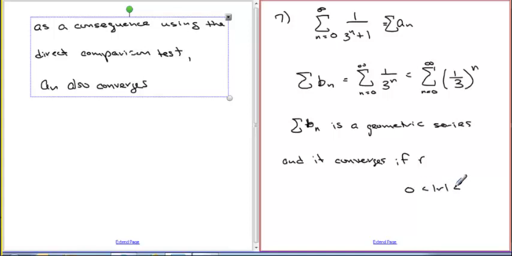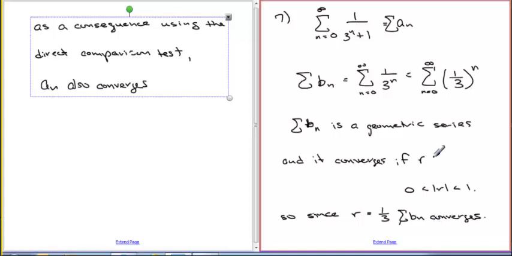So it converges if r is in this range, and since r equals 1/3, b sub n, in this alternative form, converges because it's a geometric series.